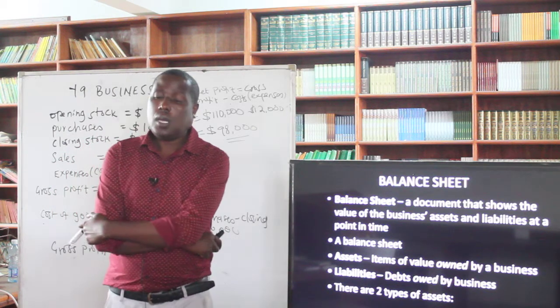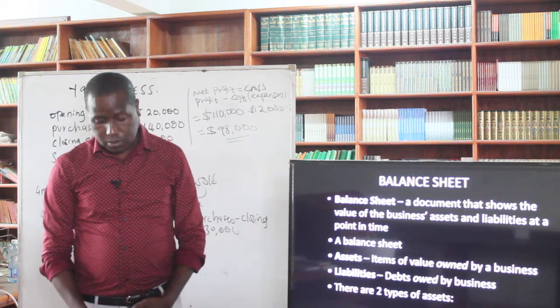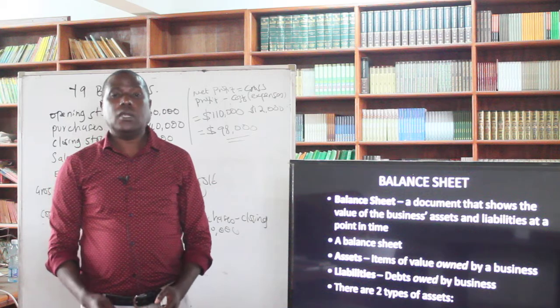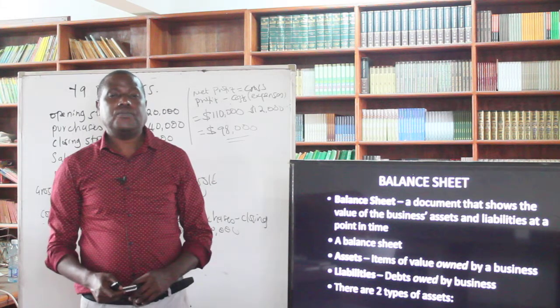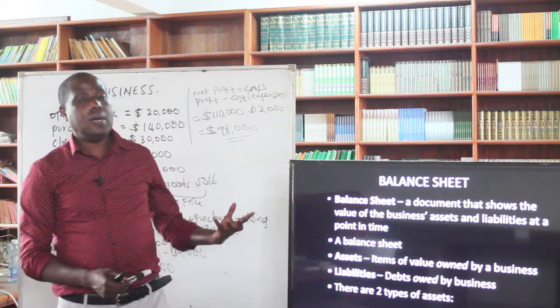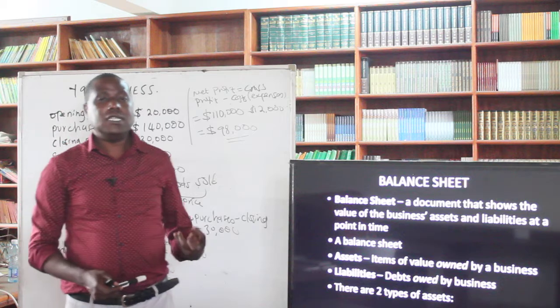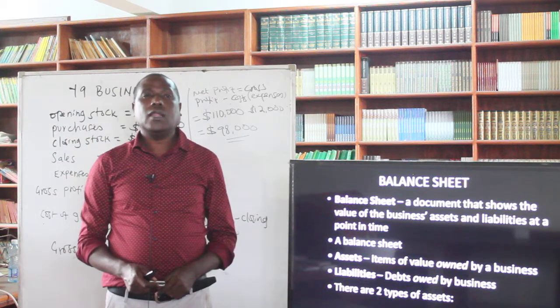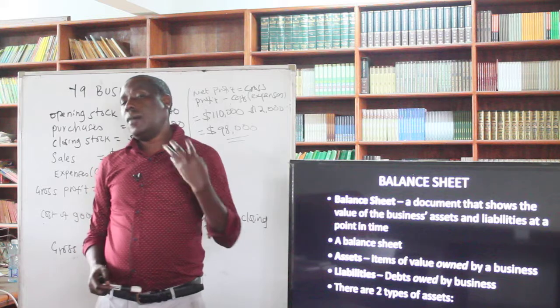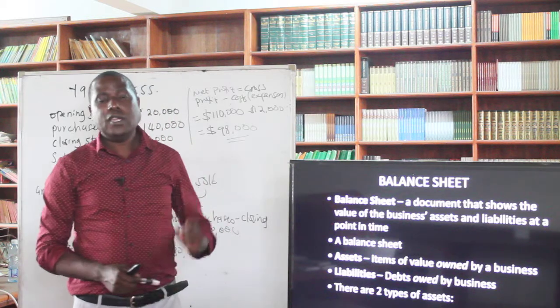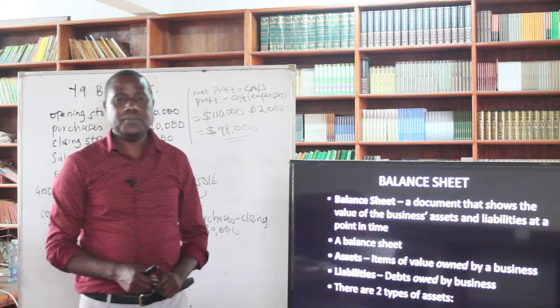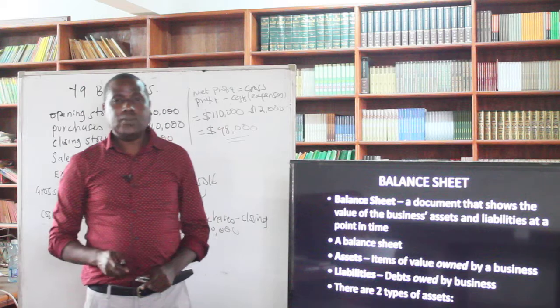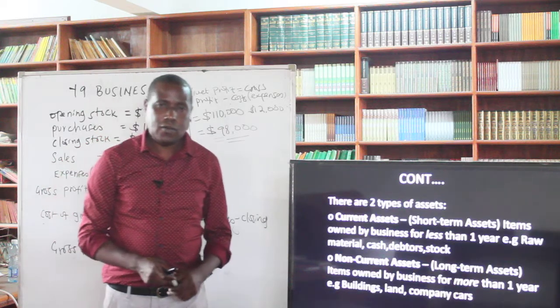When the business buys goods on credit, they have a debt, that is a liability. When the business goes to the bank and borrows a loan, that is a liability. An overdraft facility, where the business is allowed to withdraw more money from the bank than they have, that is a liability.